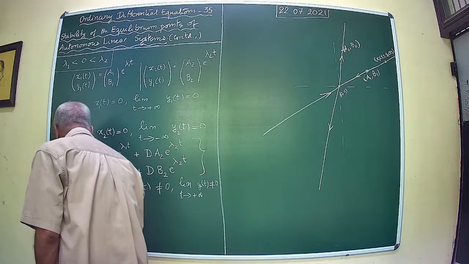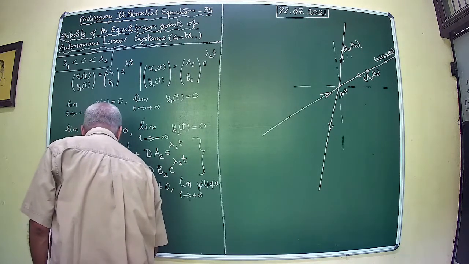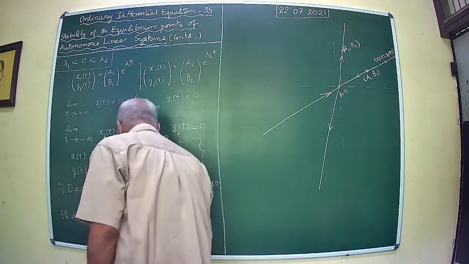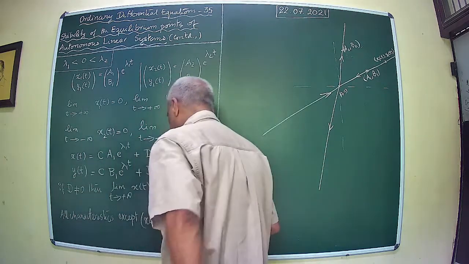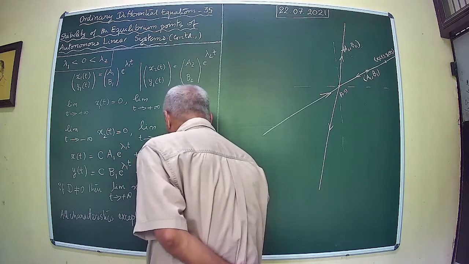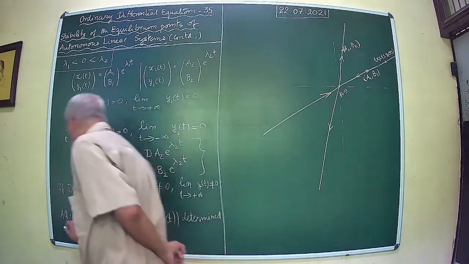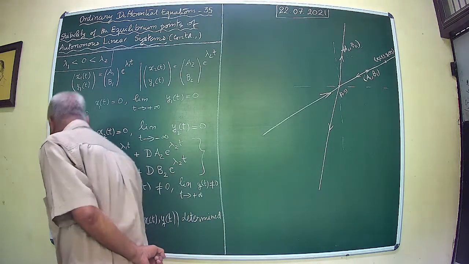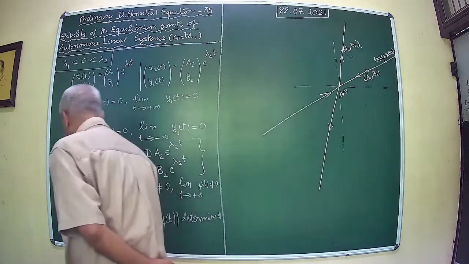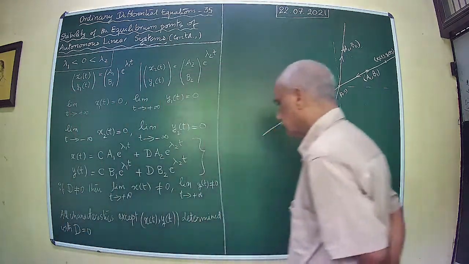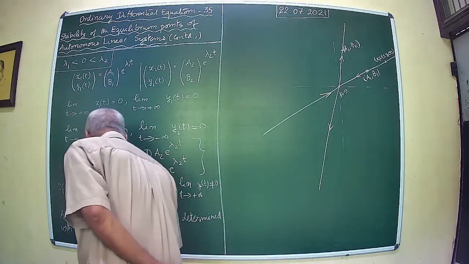All characteristics except those with d equal to 0 do not approach (0, 0).